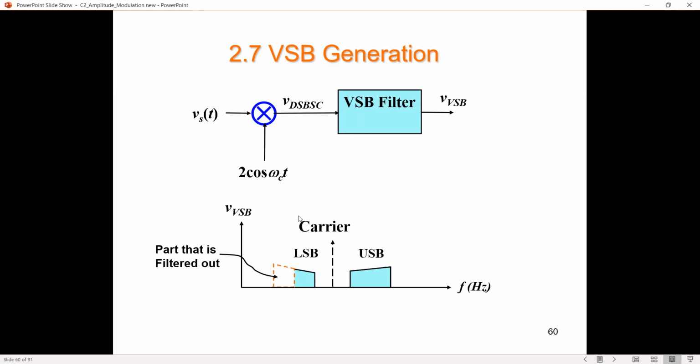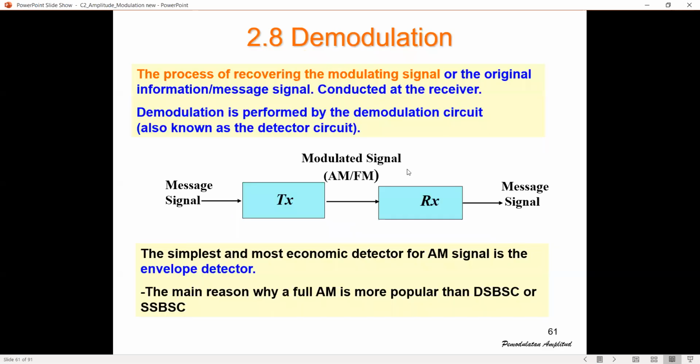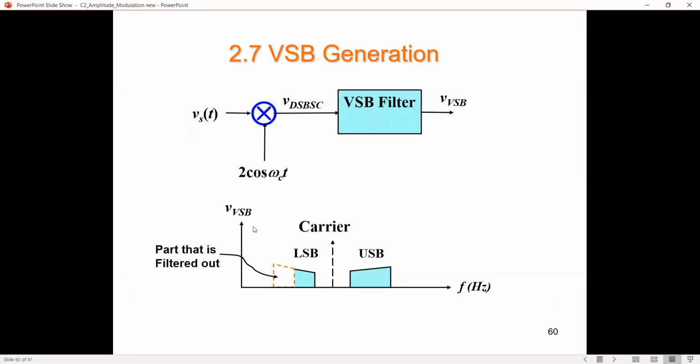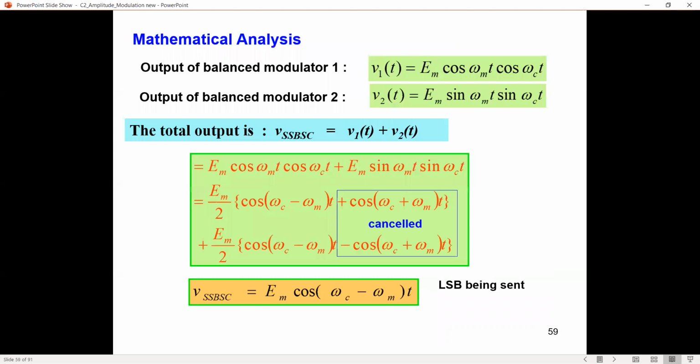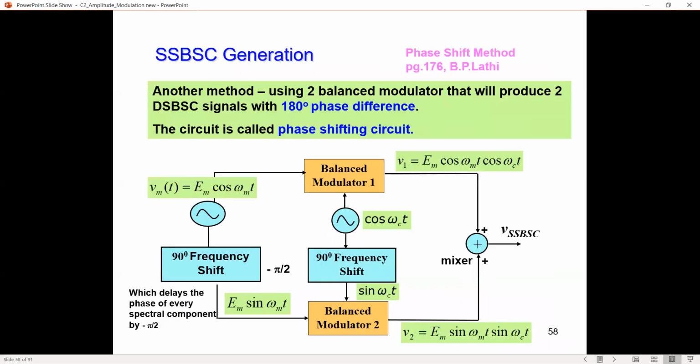This filter will filter out part of one of the sidebands, and then we have only the vestigial signal after the filter. Those are the descriptions for the generation of different types of AM signal.